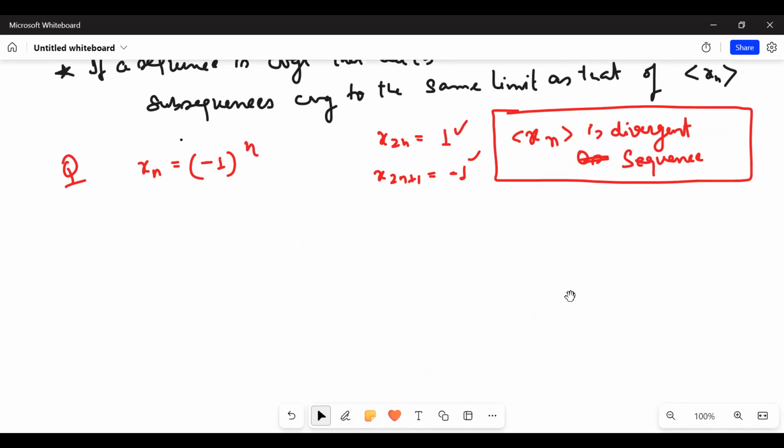Okay, so these were some important results that I have stated for your subsequences. One important result is about complementary subsequences. Complementary means what?